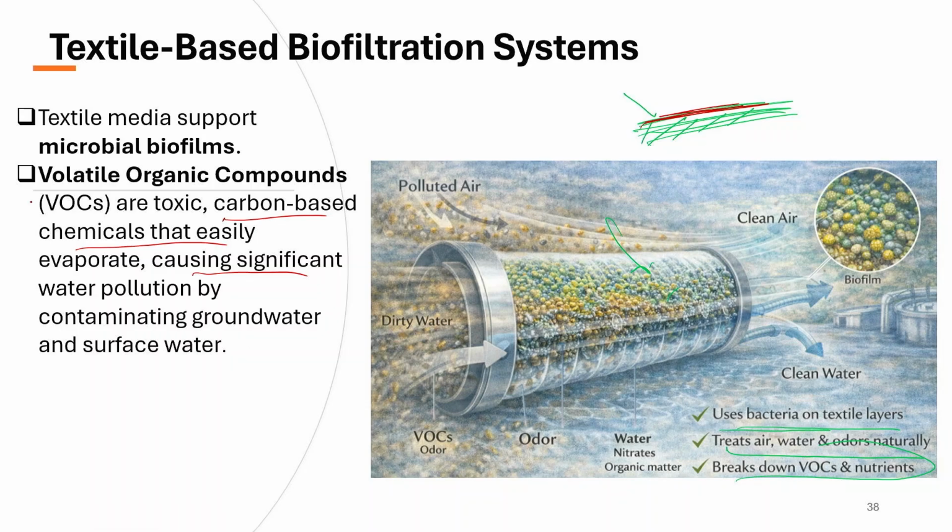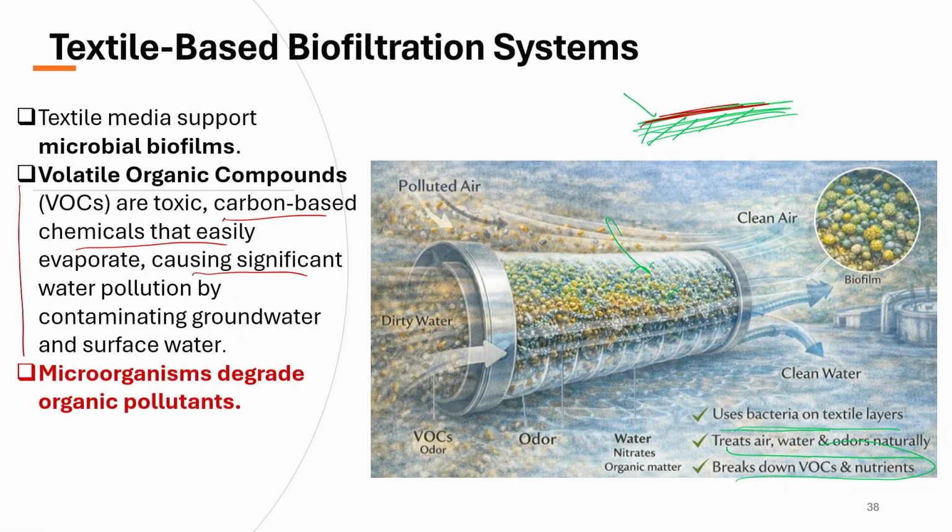So, these volatile organic compounds have to be removed, and the microorganisms on the filter, that is the biofiltration biofilm, degrade the organic pollutants. They break down the volatile organic compounds and nutrients. This is the way it filters the water.